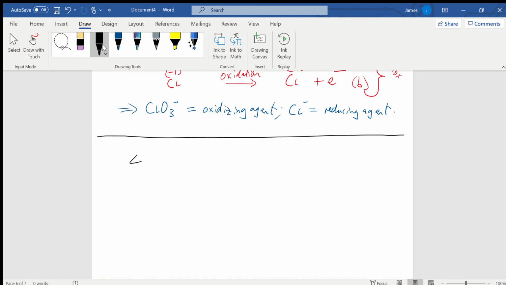So that's another example: 4 iron, I think this is the first example we looked at. This is just an example without charges, to give 2 iron 3 oxide. Again, let's put the oxidation states in.